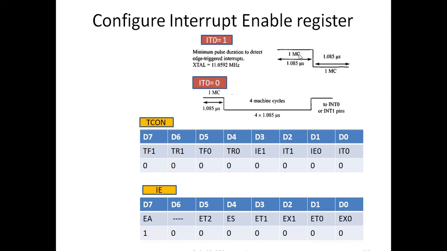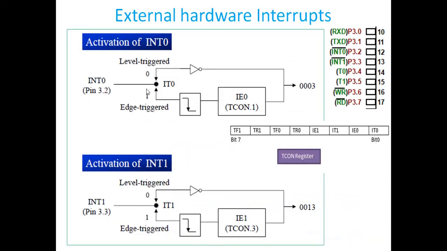For example, one machine cycle high, one machine cycle low, then pin 3.2 will recognize it as an edge trigger. You have to make this IT0 bit equal to 1; one machine cycle high, one machine cycle low, then this P3.2 pin recognizes it as an edge trigger.